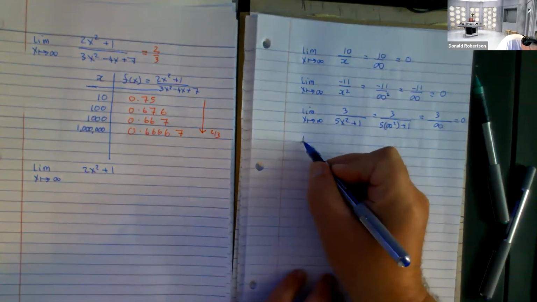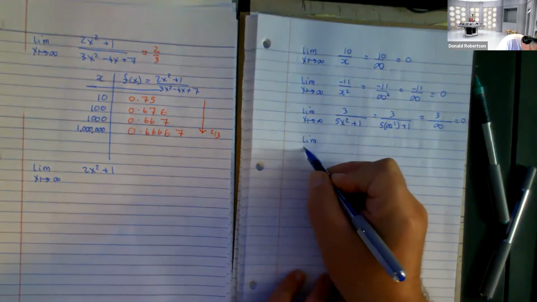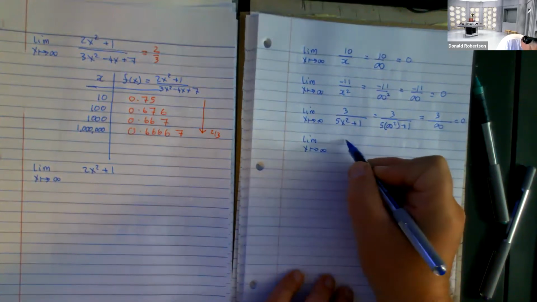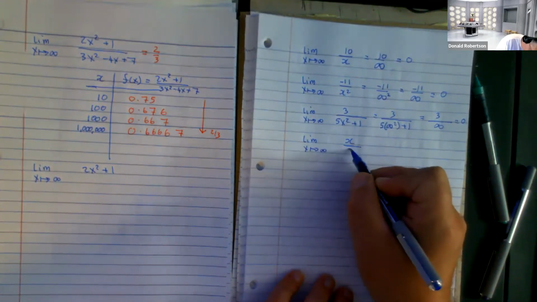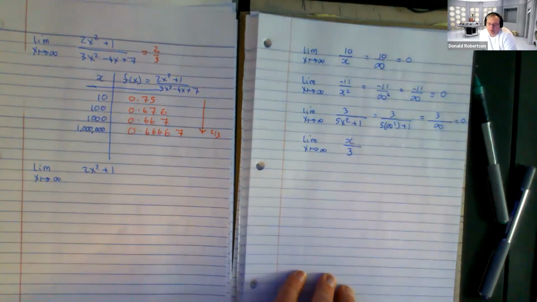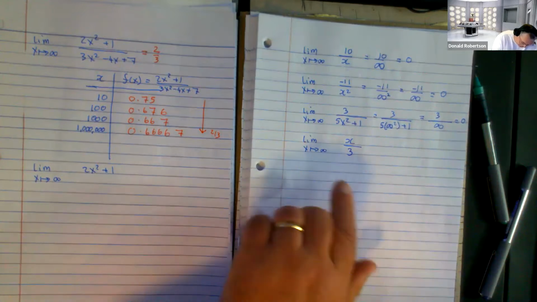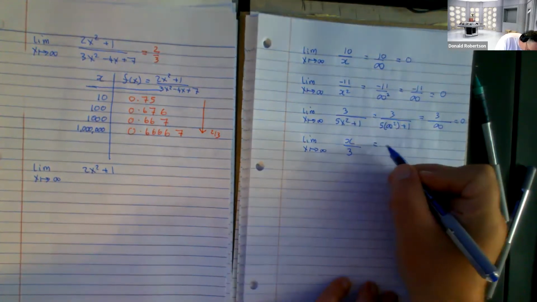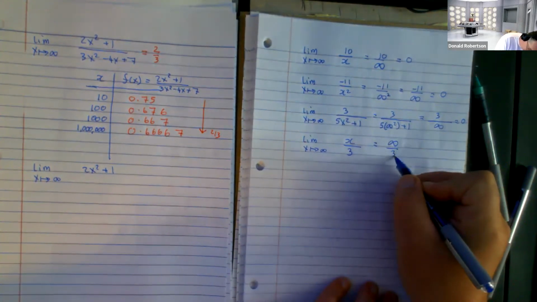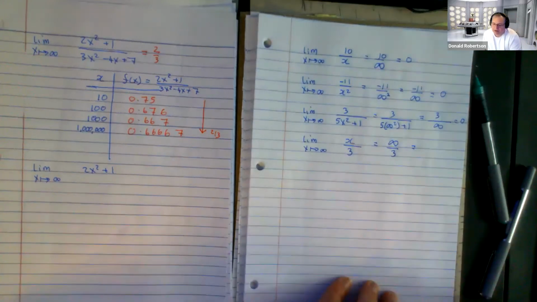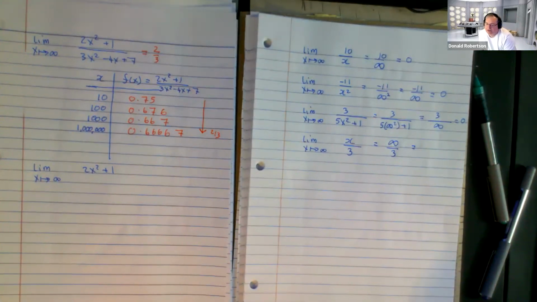Let's look at this situation now. Suppose I wanted to find the limit of x divided by 3 as x becomes infinity. Well, according to brute force, I need to find out what infinity divided by 3 is.